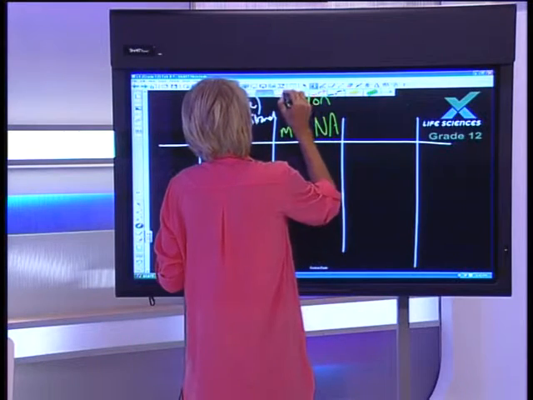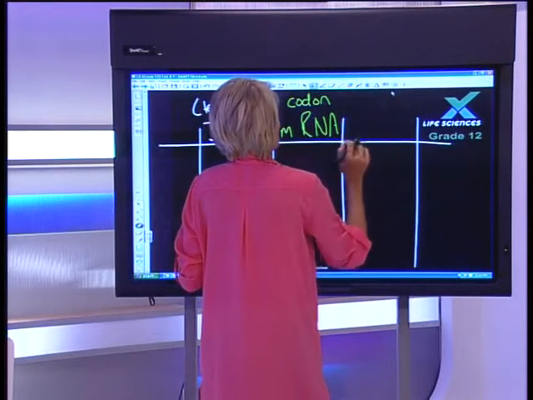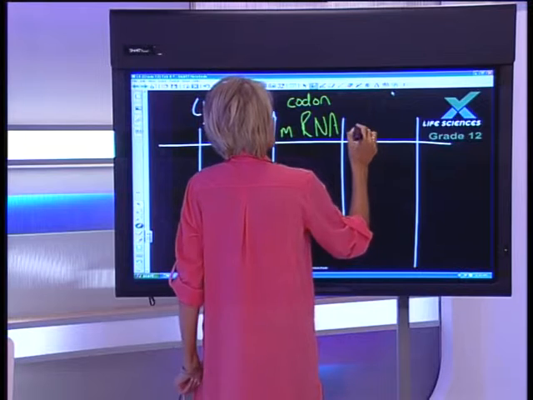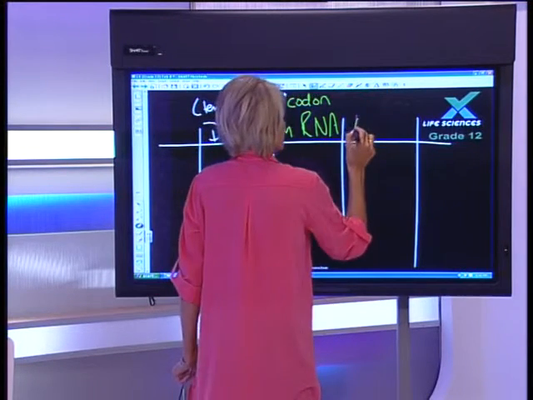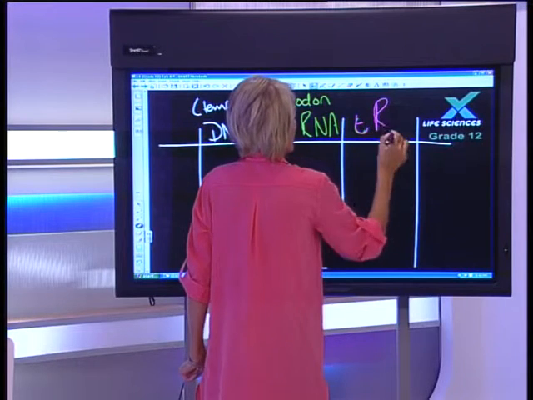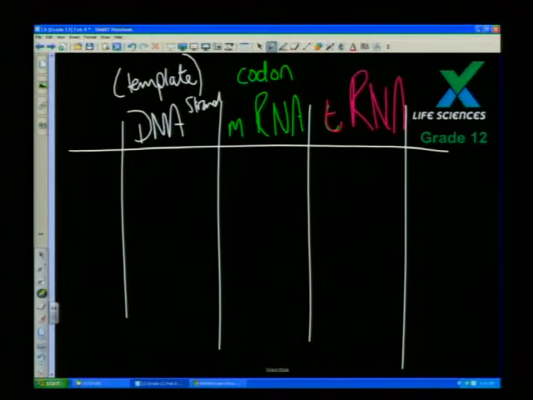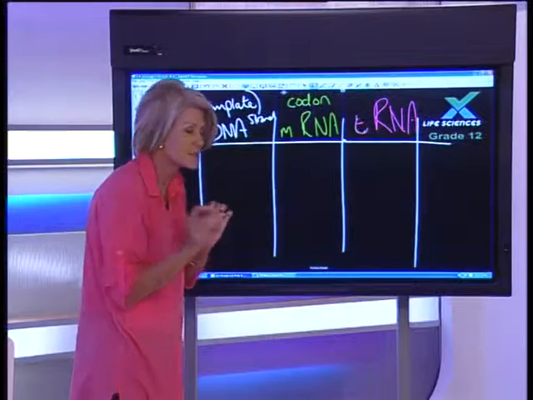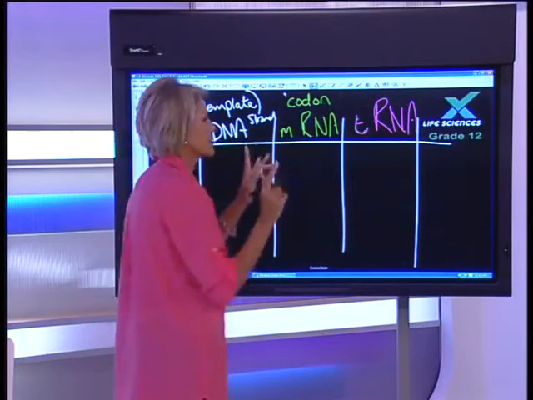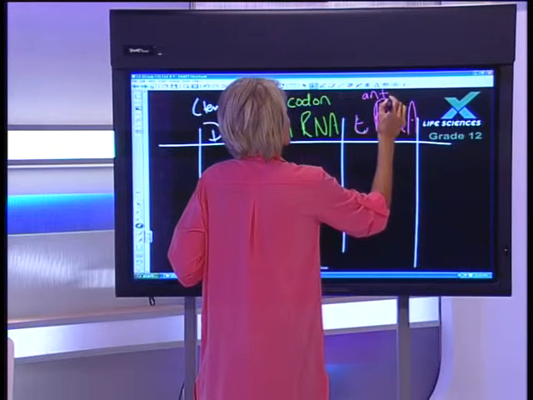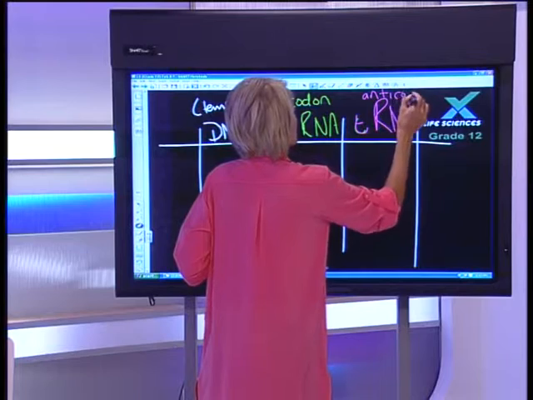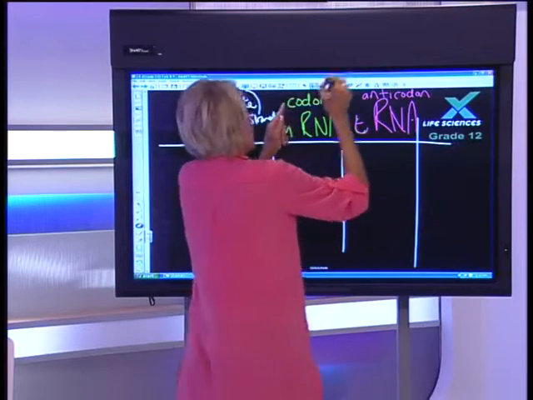Then, in pink, nice contrast, we're going to have the transfer RNA. And please take note, messenger and transfer are written in lowercase. And your transfer RNA is the anticodon. It is the opposite to the codon.